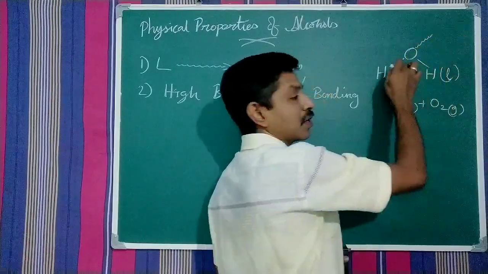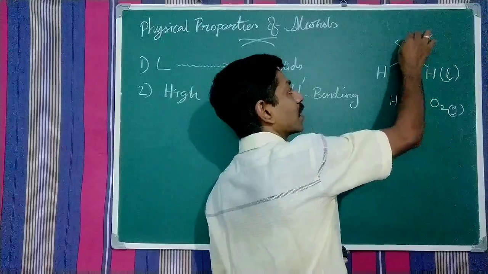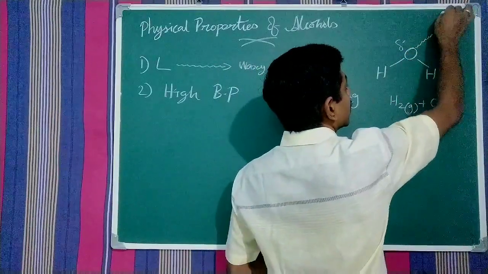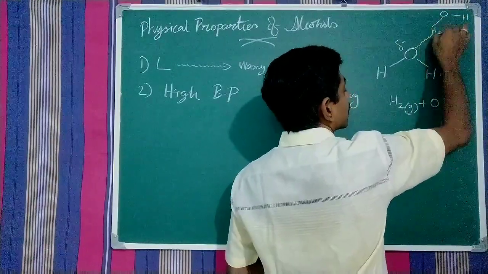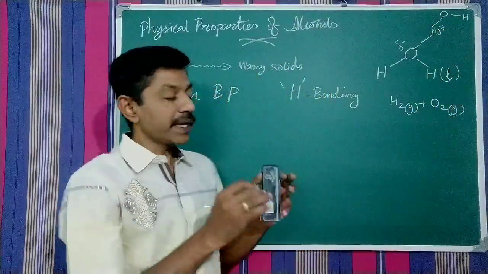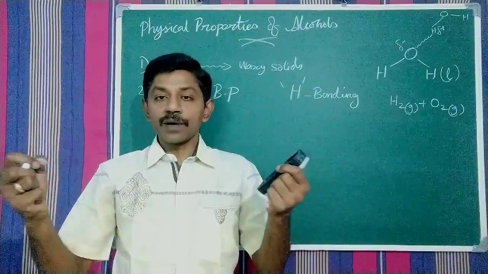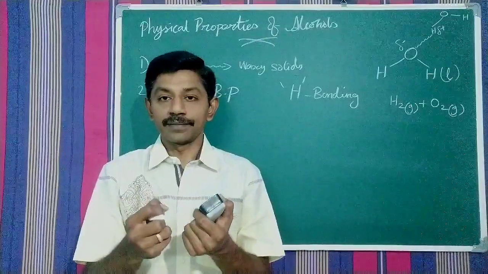That is, in one of the water molecules, the oxygen, since it is more electronegative, will go and join with the neighboring water molecule's hydrogen, because it is slightly electropositive. So this makes water molecules in a gaseous form come closer, they get connected and become liquid.